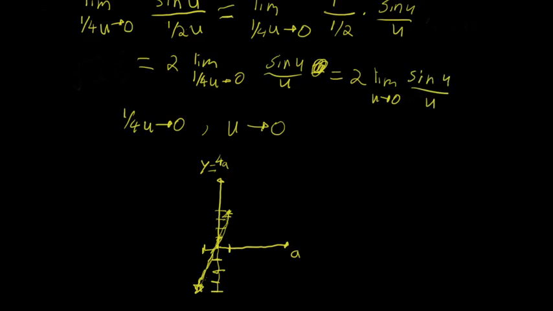And this is exactly the limit as x tends to 0 of sine x over x, but instead of x you have u. And that's 1, right? So we have 2 times 1, and that's equal to 2. And we had just made the substitution u equals 4x.